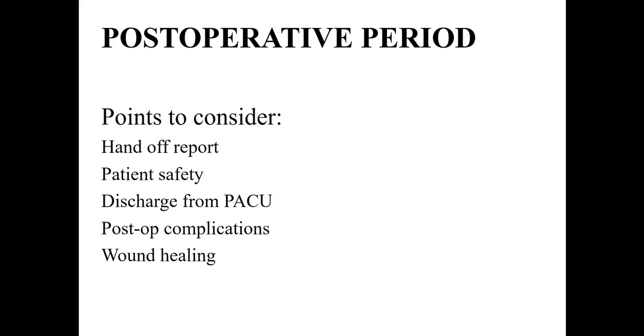So understand the post-operative period begins when the patient is transferred from the operating room to the post-anesthesia unit, or PACU. Okay, and it ends when the patient has fully recovered. So there are a lot of things that we have to consider in the post-op period.